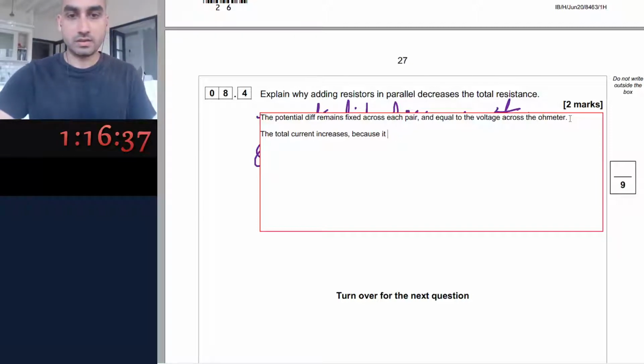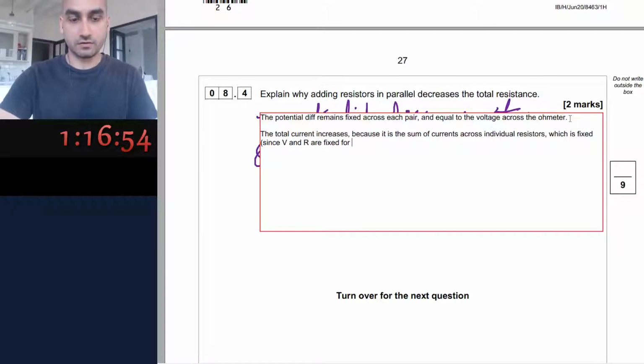Because the total current is the sum of currents across individual resistors, which is fixed, since V and R are fixed for one resistor.